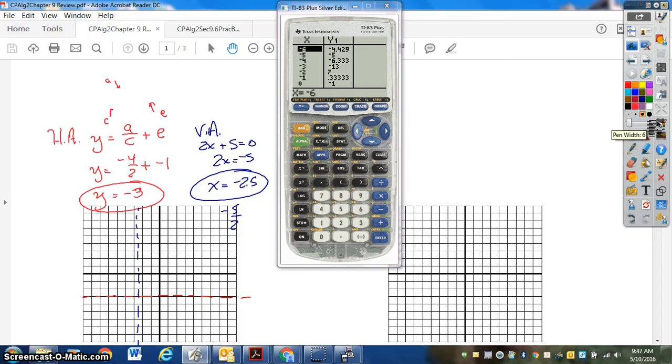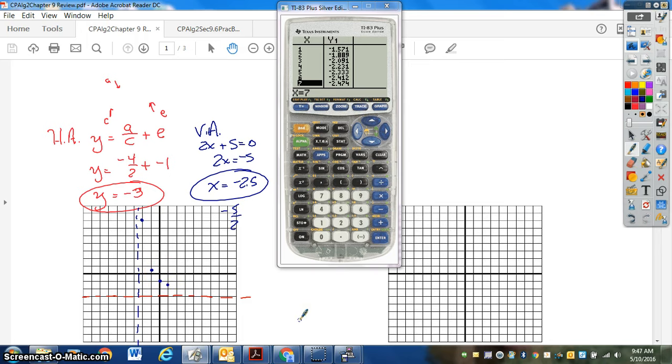Now we're in the business of plotting points. So let's start with negative 2, up 7. 1, 2, 3, 4, 5, 6, 7. Negative 1, I'll be up 1/3. Well, that's a dramatic decrease. 0, negative 1. And I need to jump out here a little bit. At 1, I'm at negative 1.5 now.